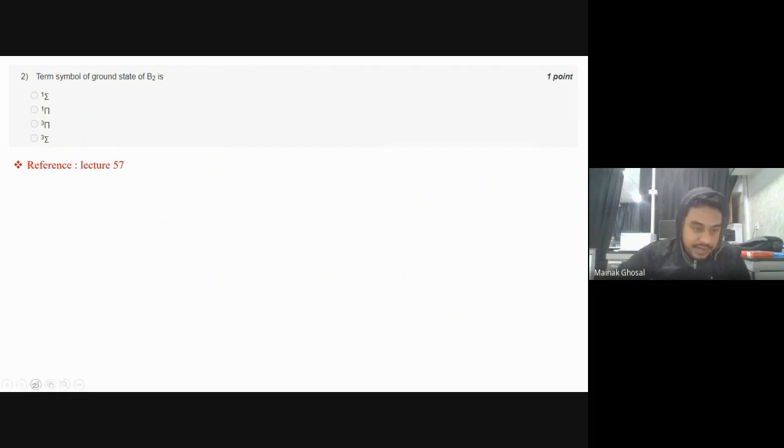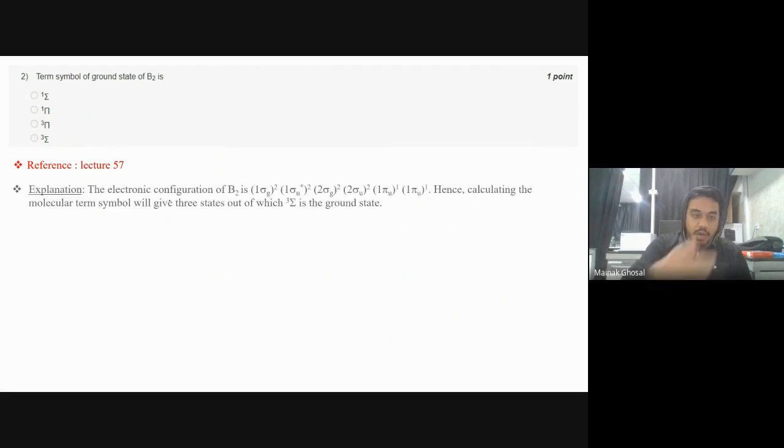For clarity I have written it, and from that I will extend it: 1 sigma g 2, 1 sigma star u 2, 2 sigma g 2, 2 sigma star u 2, 1 pi u 1 and 1 pi u 1. Whenever you are going to calculate your term symbol, you need to consider the total ml and total ms.